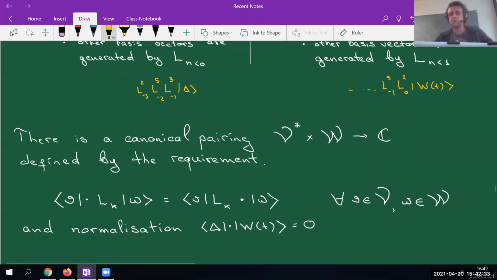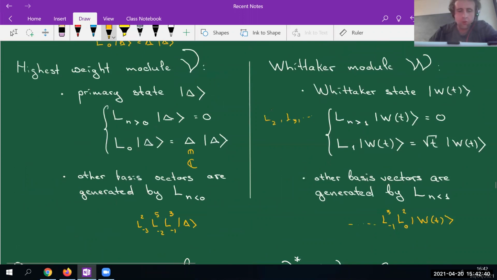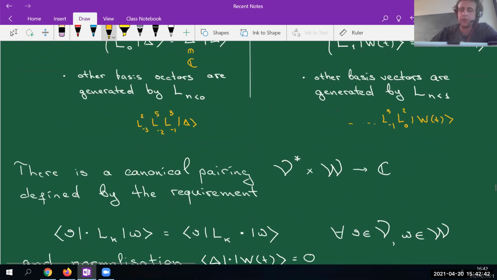Now, between these two modules, there is a canonical pairing. Well, actually, between the Whittaker module and the dual of the highest weight module.